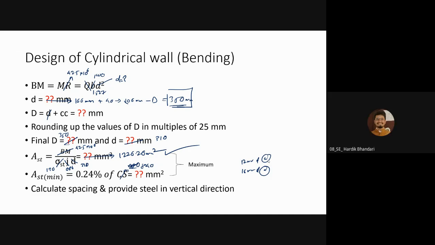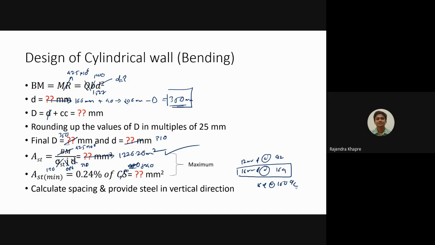For 16, it is 164. And for 12, 92.23. So I think we can go with 16 dia at 150 center to center, and this reinforcement has to be provided in the vertical fashion.